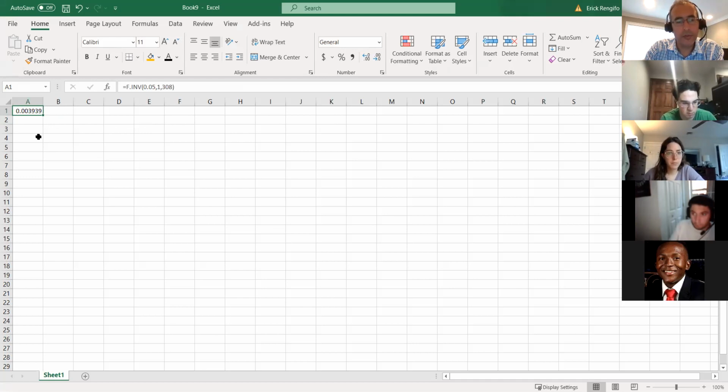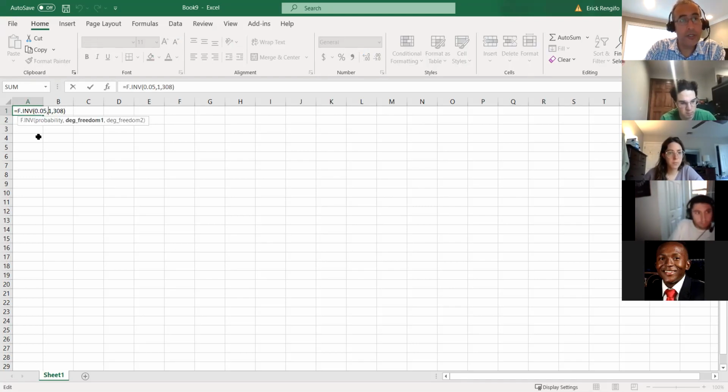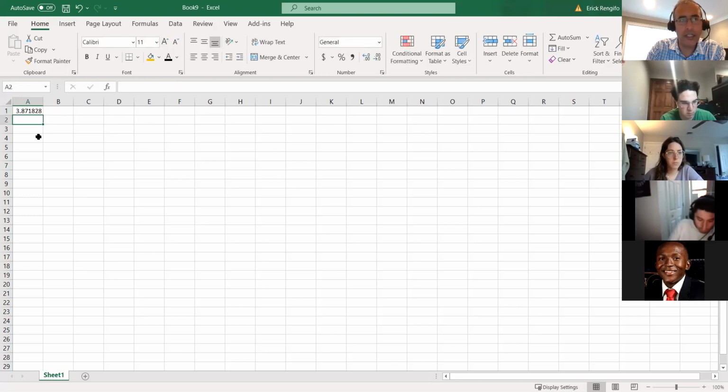Oh, sorry, this goes to your tail. So this should be 0.95, because do you remember, in the F distribution my tail is to the right. That's why I put 0.95, so this includes from 0 to 0.95. The critical value is going to be 3.87.